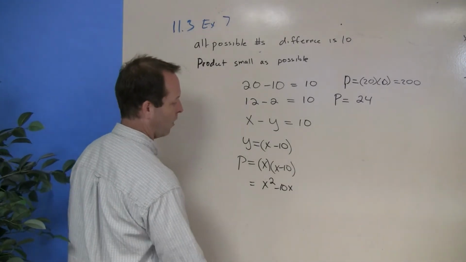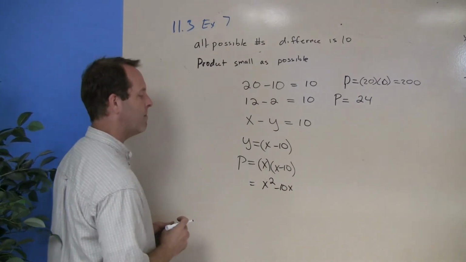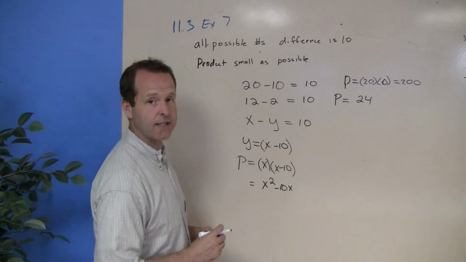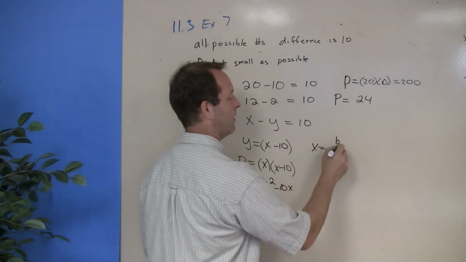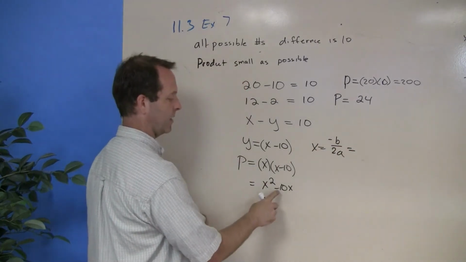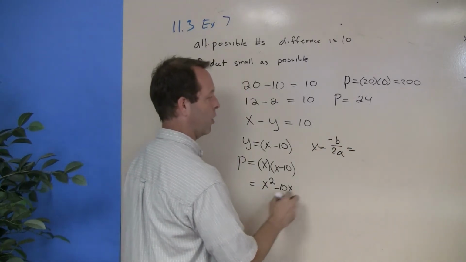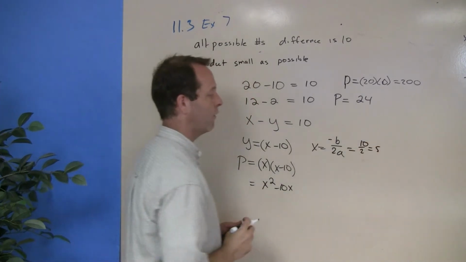Well, it's in that form, ax squared plus bx plus c. And I remember that the vertex is at x equals negative b over 2a. In this case, that's negative negative 10 over 2, or 5.